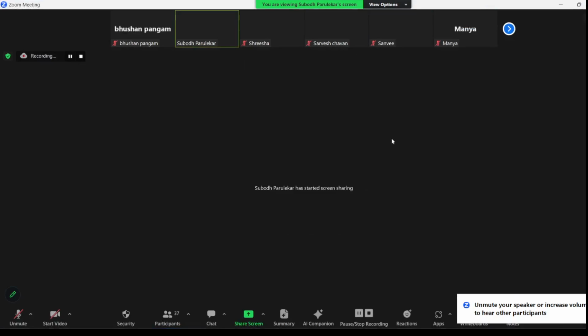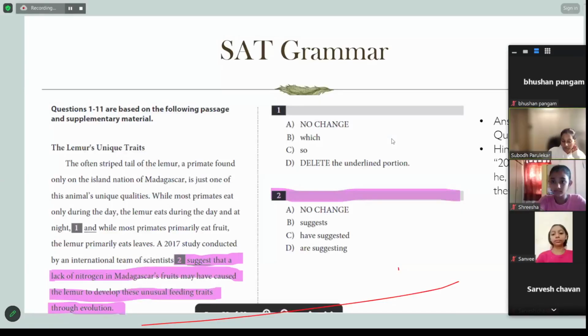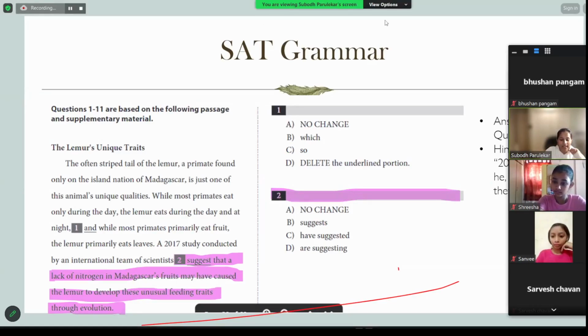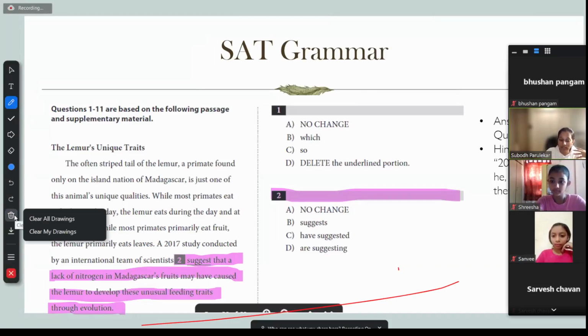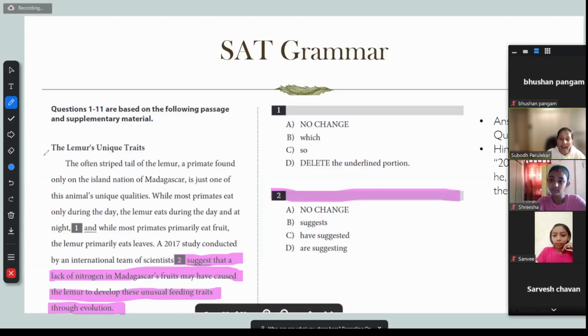So basically, one reason why it is wrong is because of the "have" part of it. We're going to talk about this in later lessons, but to make this answer choice right, we would have to say "a study has suggested," "has" instead of "have," because "have" is for multiple things.